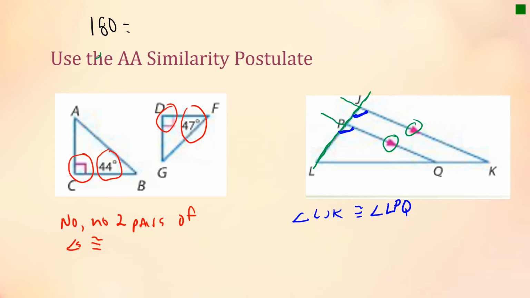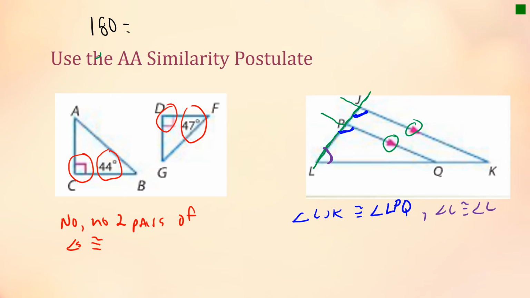All right, well, there's one set of angles. Well, we've got a common angle here between these two triangles, and that is angle L. Obviously, angle L is congruent to angle L, reflexive property. It's congruent or equal to itself.